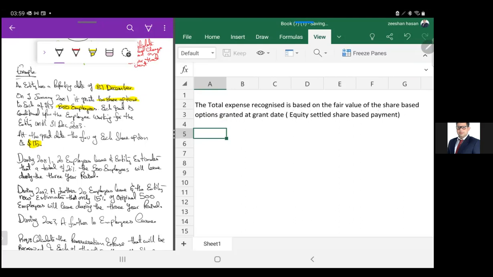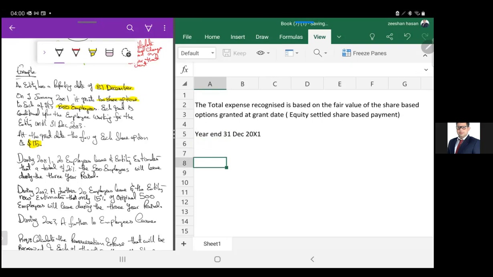So firstly, we will discuss the year end, 31st December 2000X1. At 31st December 2000X1, the entity must estimate the number of options expected to vest by predicting how many employees will remain in employment until the vesting date. It believes 80% of the employees will stay for the full 3 years, and therefore calculates the expense based on this assumption, right?